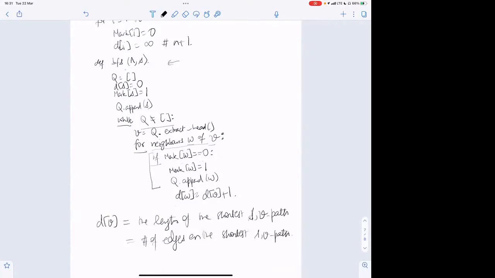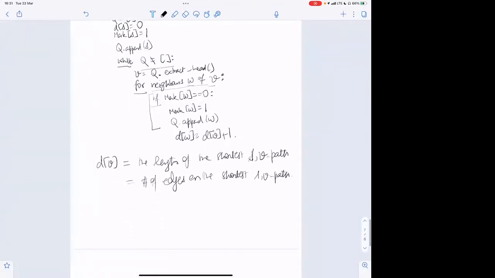So suppose you want to construct a tree, which is the shortest path tree from S. So you want to find the shortest path from S to any vertex, or from any vertex to S. How will you do that?